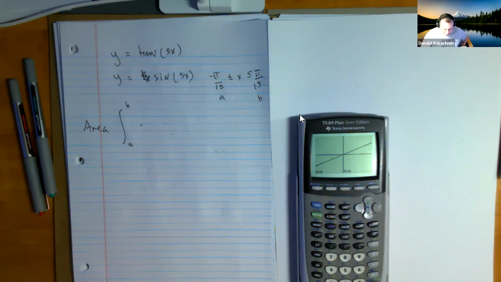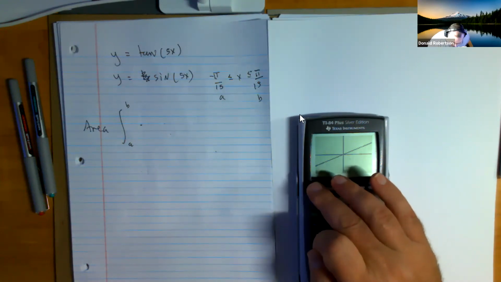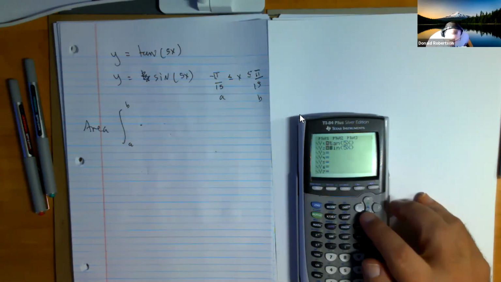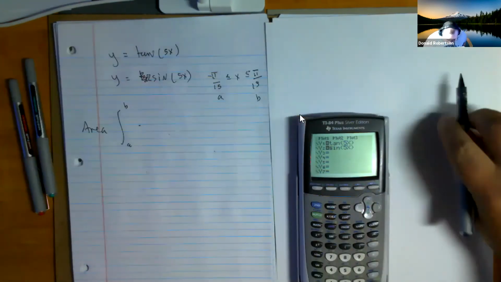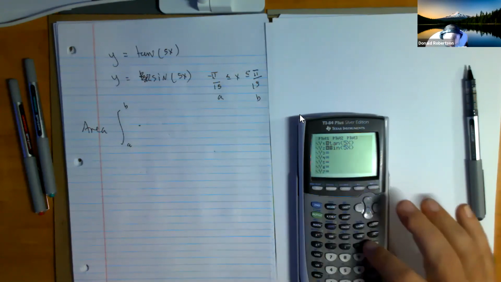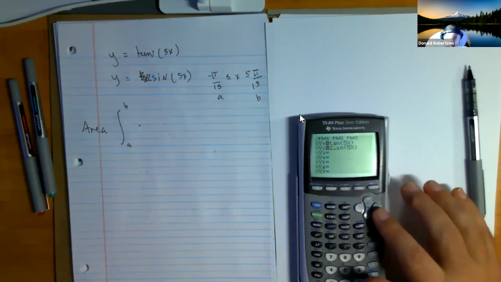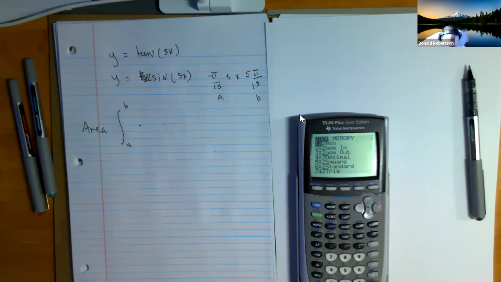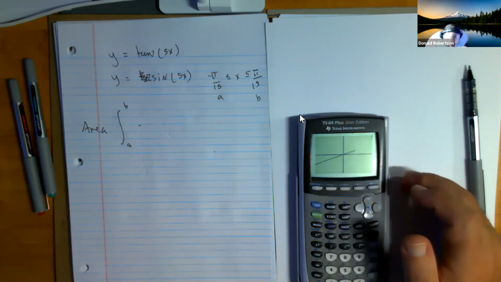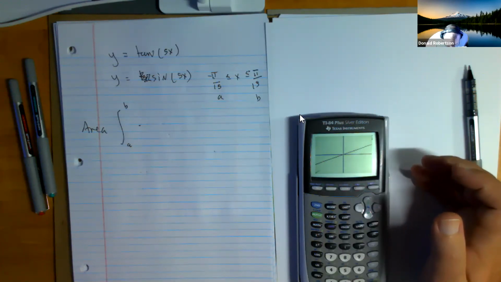Oh, shoot, I made a mistake. It's 2 sine 5x. Right, now I can do zoom 0. Should be fine. Oh, it may be still using the old window.